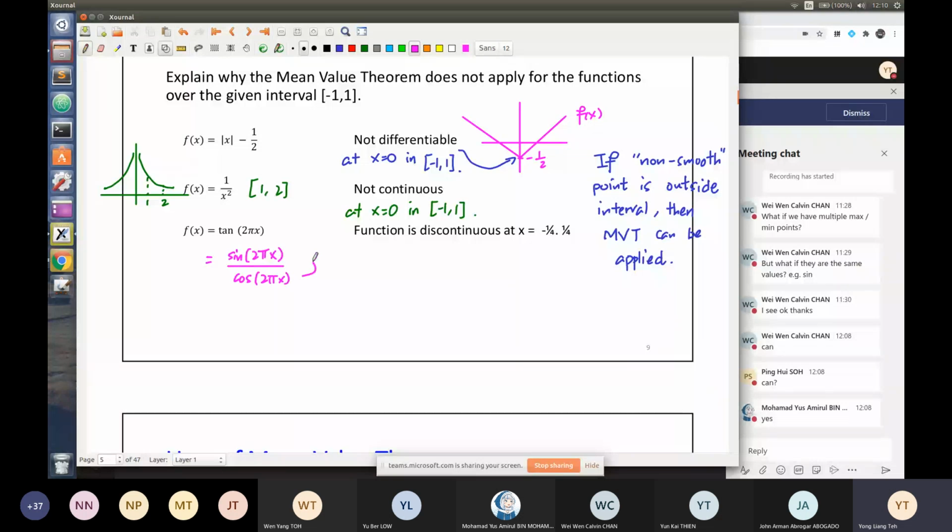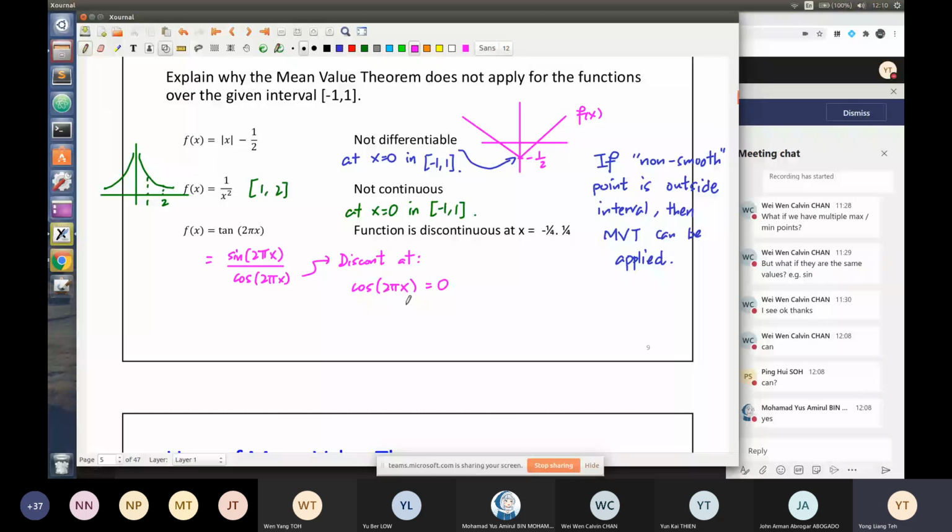So clearly we can observe that this is undefined, or discontinuous, at points where cosine 2 pi x is equal to 0.